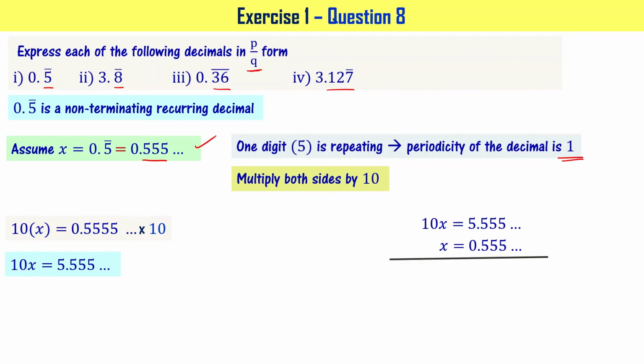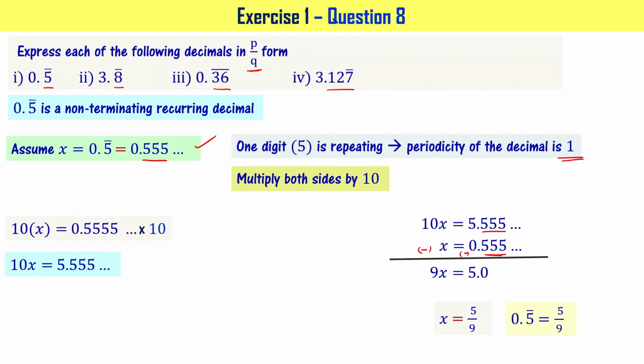And we want to now subtract x equal to 0.5555 and so on from 10x equal to 5.5555 and so on, right? When you do that, you see all these numbers 0.555 are there in both the cases, right? So after the dot you are going to get 0. Prior to that you are going to get 5, right? 9x equal to 5. It means x equal to 5 by 9, right?